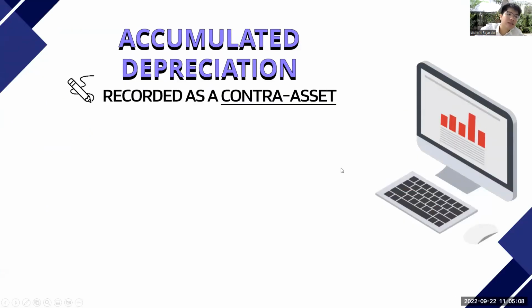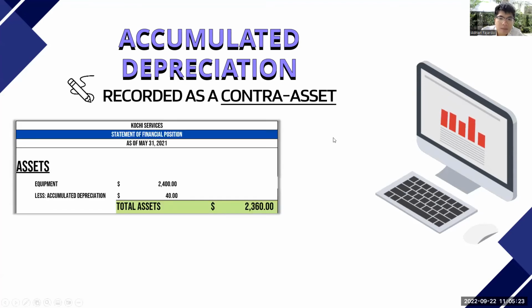So now the question is, what is accumulated depreciation, right? So accumulated depreciation is a contra asset to our equipment account, right? Or any PPE or property, plant, and equipment, right? Wherein, basically, your equipment will always be reported at its cost. So 2,400. Pero we know that it should be reported at 2,360. Pero rule ng accounting is that the equipment should always be reported at cost.